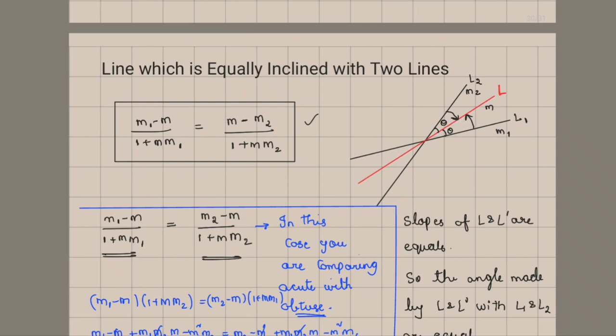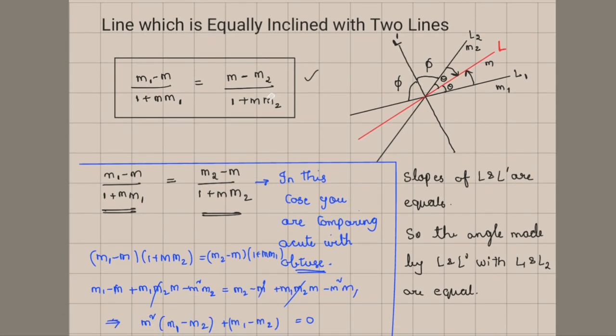There will be another bisector also, which is line L dash, so that this is some alpha and this is some alpha. So if you solve this equation, you get a quadratic in m, which gives two slopes. One slope is L and one slope is L dash. So one slope is the slope of the acute angle bisector and the other slope is the slope of the obtuse angle bisector.